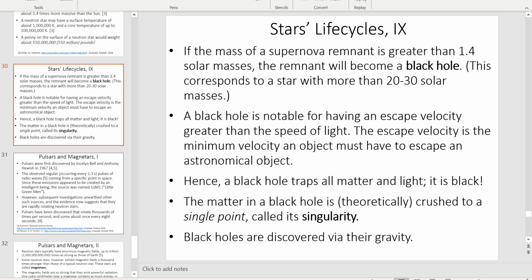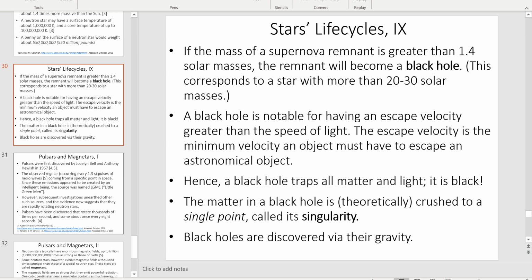And there are often objects orbiting a black hole. So if you see, let's say, a star or a dozen stars orbiting a very tiny region of space that appears to have nothing in it, that is very likely a black hole. And particularly if that region of space contains a mass which is far too large to be a star or a planet or anything like that.